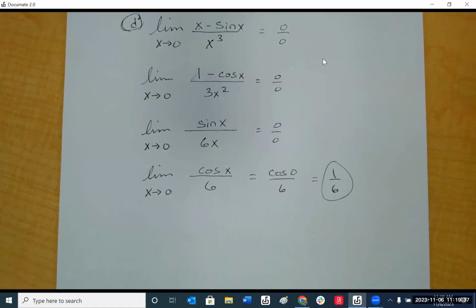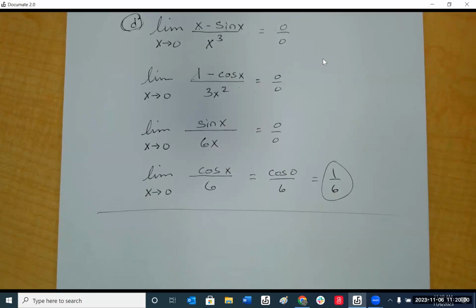That's really nice. L'Hopital's rule has always been my favorite rule in calculus because the simplicity of it is beautiful. It is, yeah. It requires effectively no memorization.